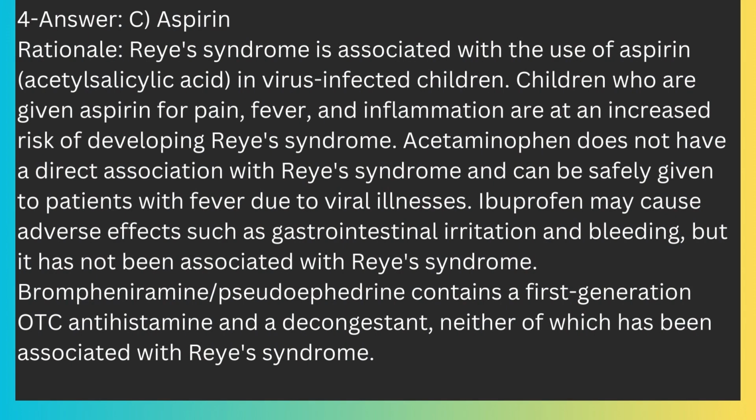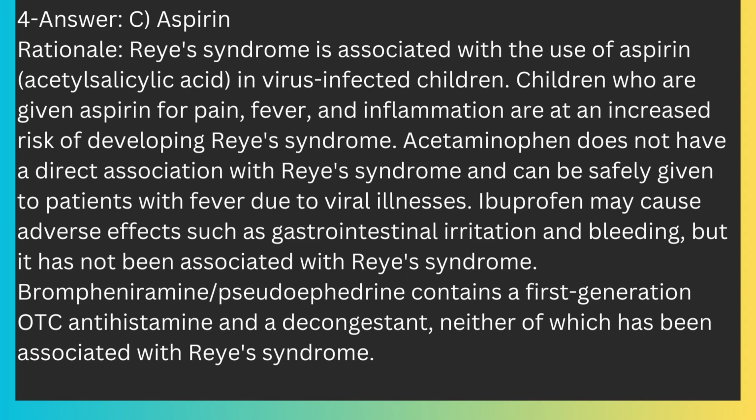Reye's syndrome is associated with the use of aspirin, acetylsalicylic acid, in virus-infected children. Children who are given aspirin for pain, fever, and inflammation are at an increased risk of developing Reye's syndrome. Acetaminophen doesn't have a direct association with Reye's syndrome and can be safely given to patients with fever due to viral illnesses.